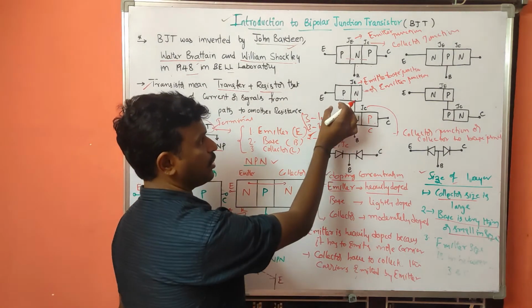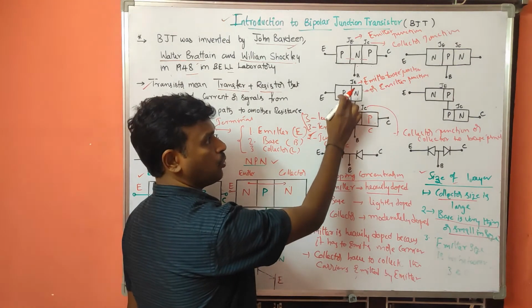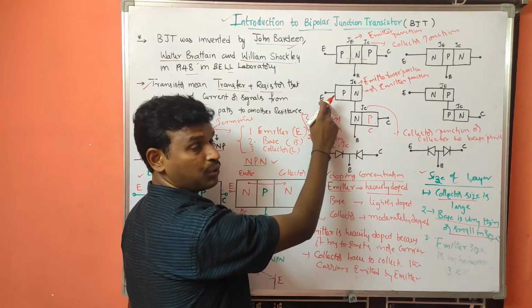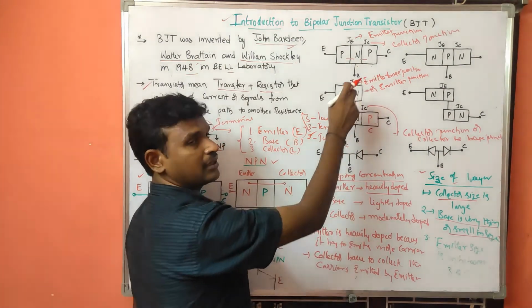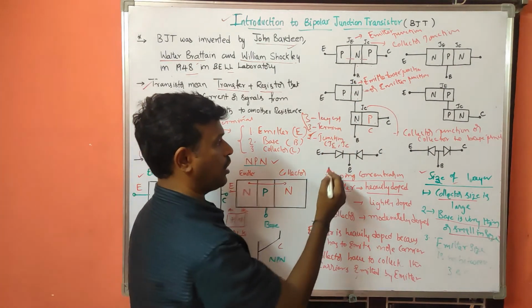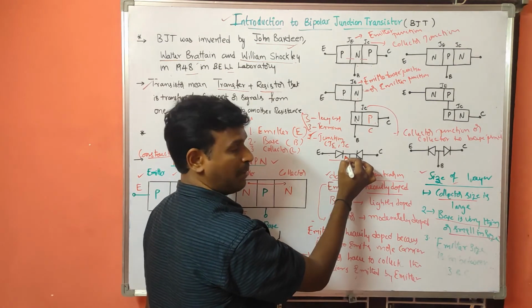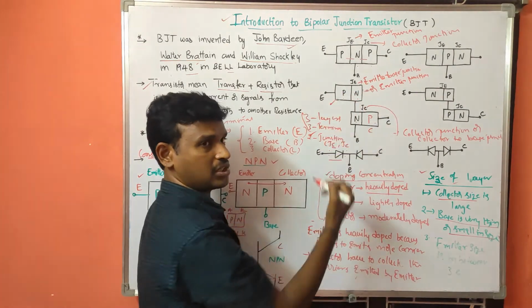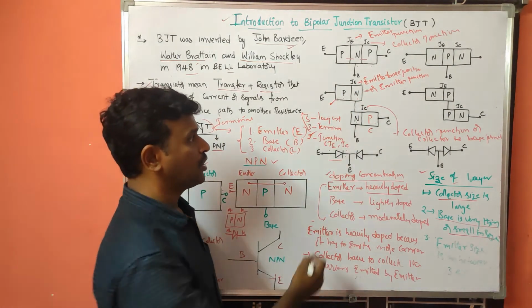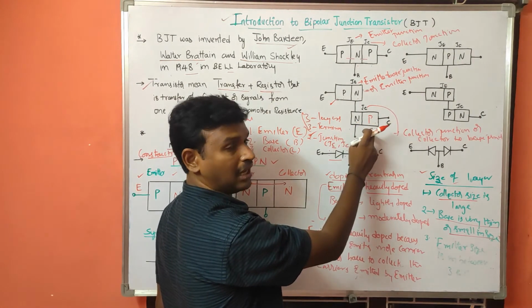So in the first junction we have PN. First we draw the emitter side as the anode and the cathode at the base side. So here I am representing the emitter, and this is the base side, so it is anode, and this one is the cathode of the first junction. Next we have N type, that is base, and the collector.